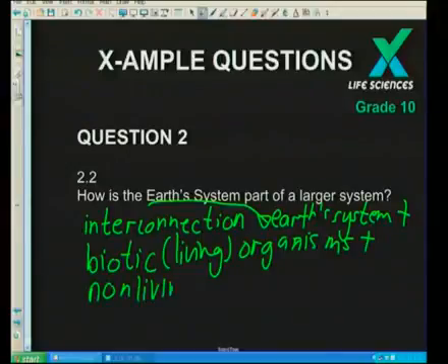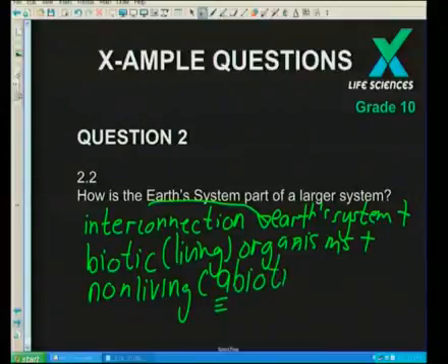Remember, another word for non-living is abiotic. So that is how the Earth system works together and forms part of the larger system, that there's this whole interconnection between the living and the non-living parts of the Earth. Well done. We are doing well so far.